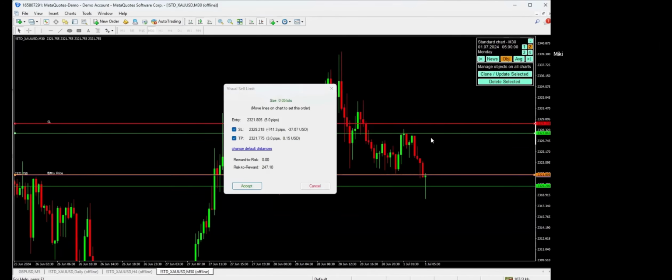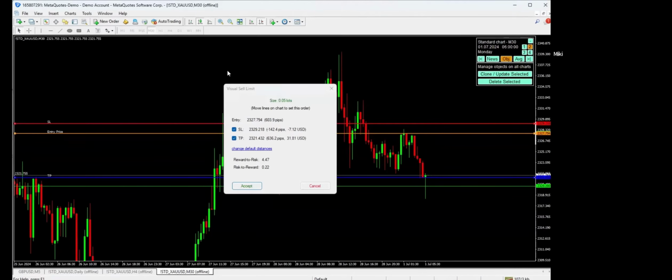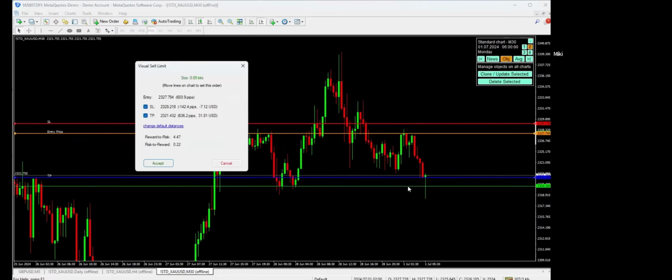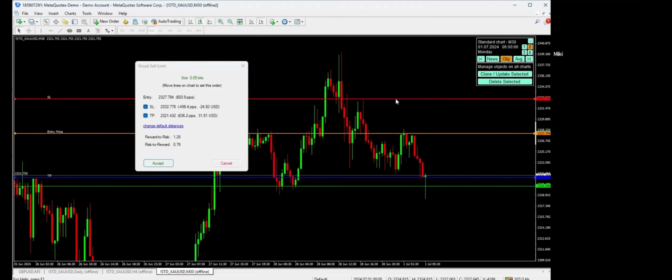Perfect. So a limit order is basically when you are looking to take a sell from a higher price than where price is now. And I'm going to put my TP at this most recent support, not this one below, because price closed here. So I'm going to put my TP there. All right, and stop loss.